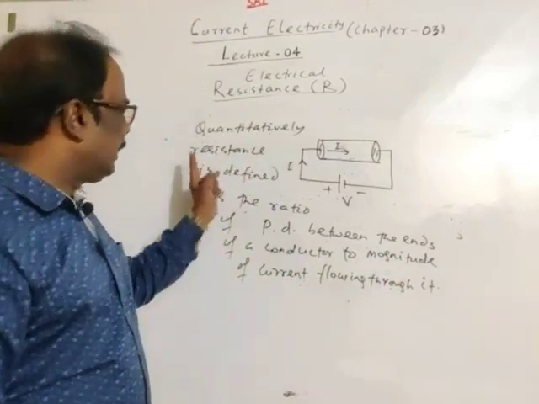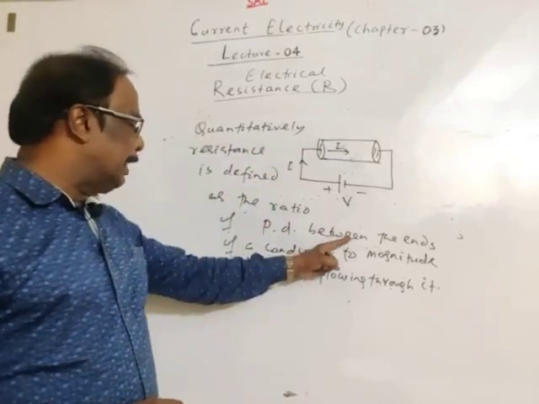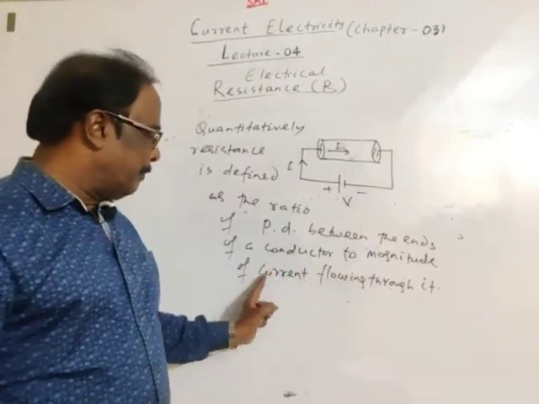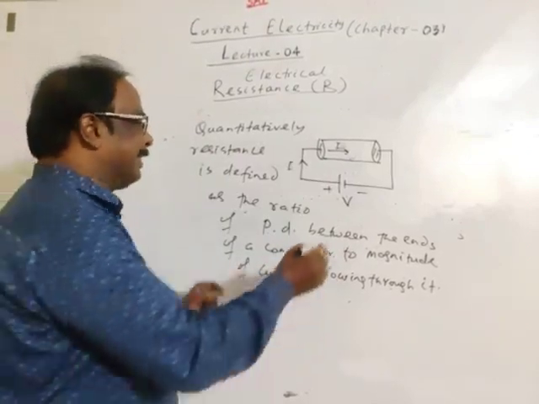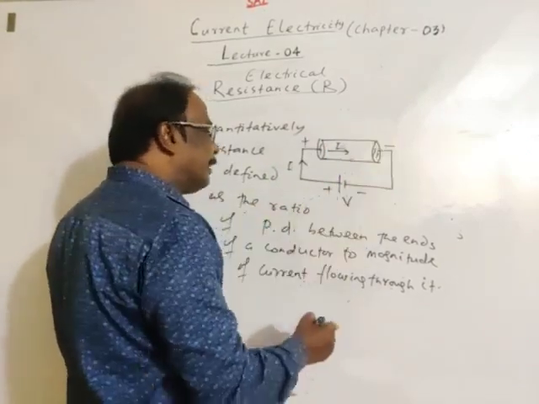So quantitatively, resistance is defined as the ratio of potential difference between the ends of a conductor to the magnitude of current flowing through it. This end is connected to the positive terminal and this end to the negative terminal.